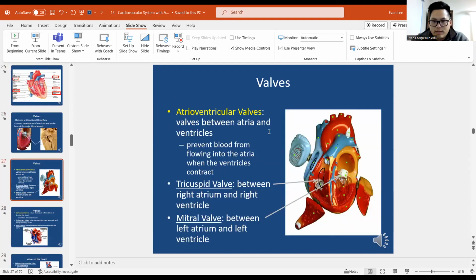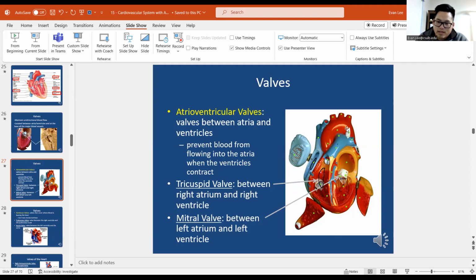So these valves do have specific names, but just to get started, we have two major types of valves, atrioventricular valves, and then we'll see semilunar valves. But atrioventricular valves, first of all, when you hear the word atrioventricular, what does that tell you? It is between the atrium and the ventricles.